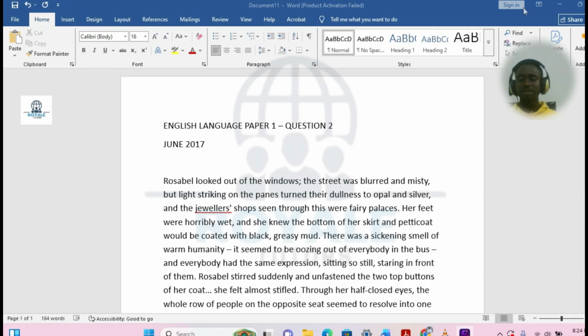In our last class, we began to look at how to tackle AQA GCSE English Language Paper 1, Question 2 for the June 2017 examination past paper. And we looked at a few things. We looked at the structure of the exam, question 2 to be precise, and how there is an extract from the entire extract given to you.